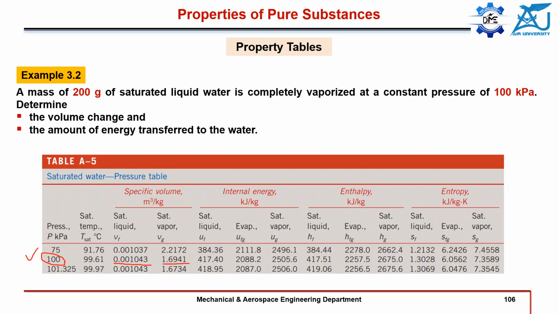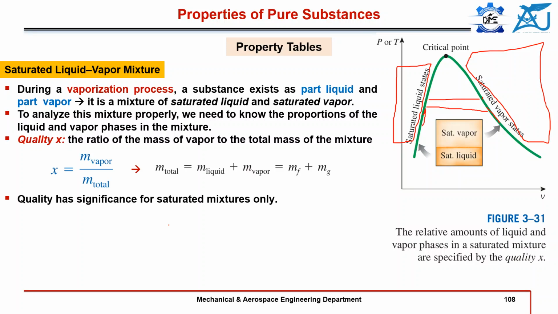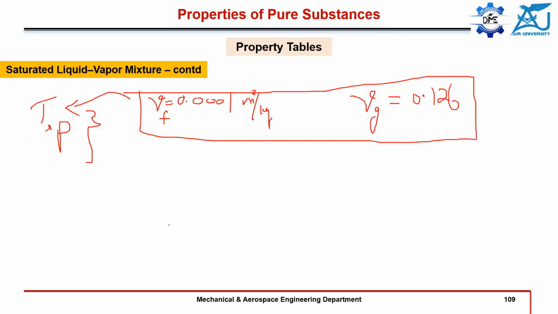Okay. However, during this phase change process, when the phase change occurs, the masses will change. Mass of fluid will change, mass of liquid will change, and mass of gas will change.